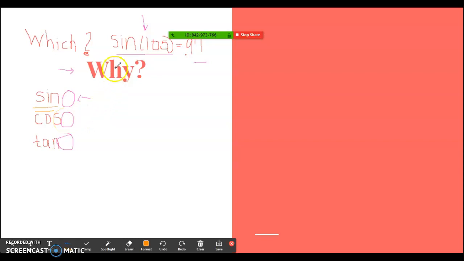Now, what does that mean for the question of finding the sine of 105 versus finding the sine of 45 plus the sine of 60? Well, there is a certain order of operations that happen here.